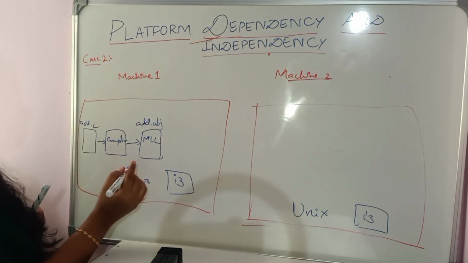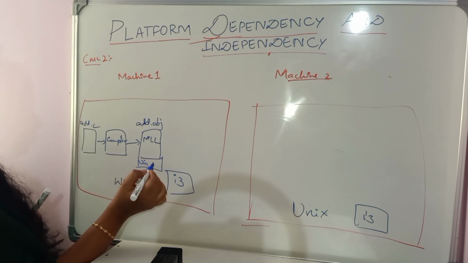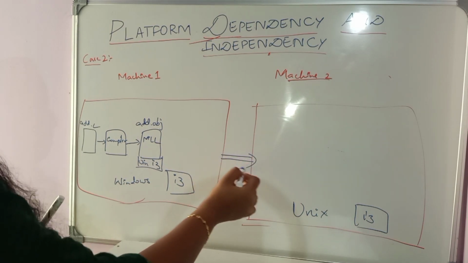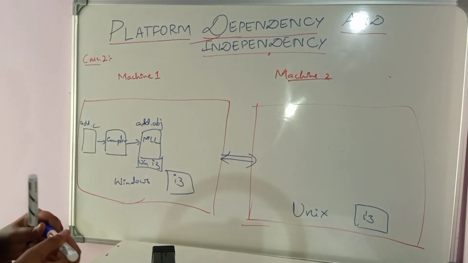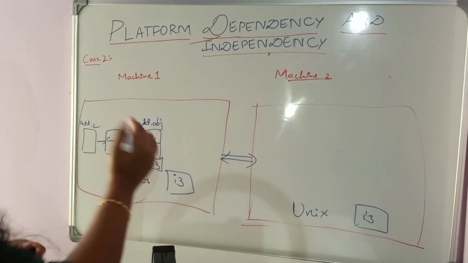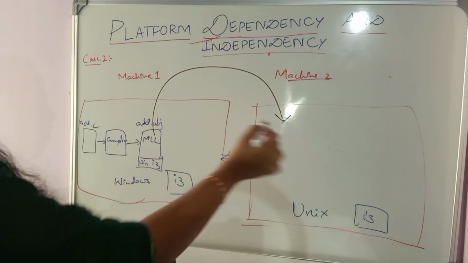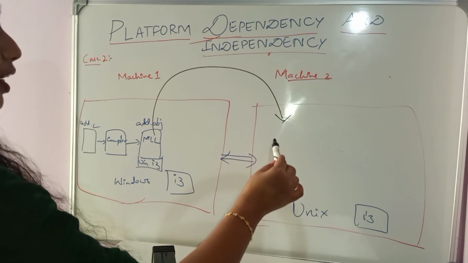Additional information is added, that it is compiling on Windows and an i3 processor. These two machines are connected to each other. Now we will take this object file and give it to the second machine, the second computer connected to it.